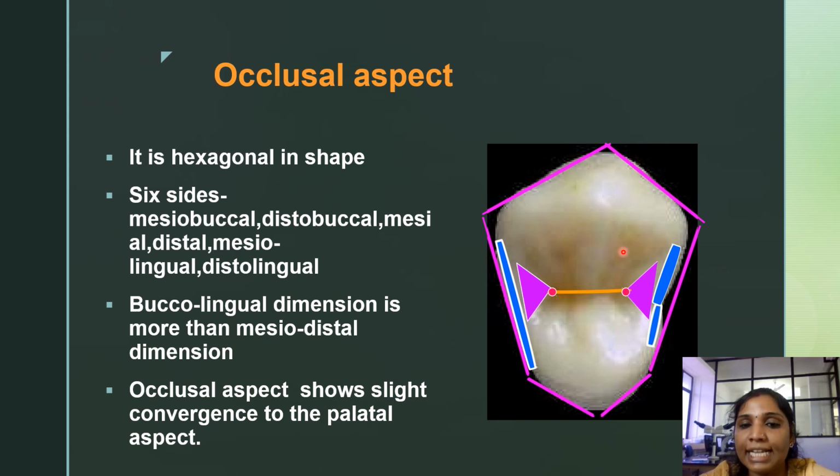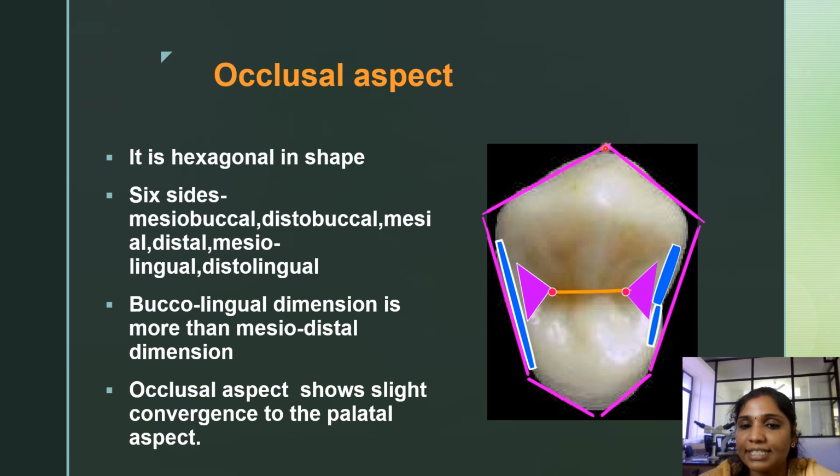About the occlusal aspect, the outline of the maxillary first premolar is hexagonal because it has 6 sides, that is mesiobuccal, distobuccal, mesial, distal, mesiolingual and distolingual. And the buccolingual measurement, this is the buccolingual measurement, it is more compared to the mesiodistal dimension.